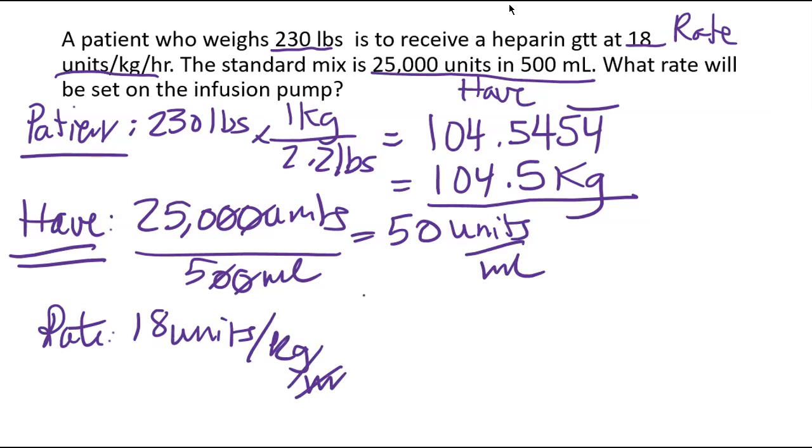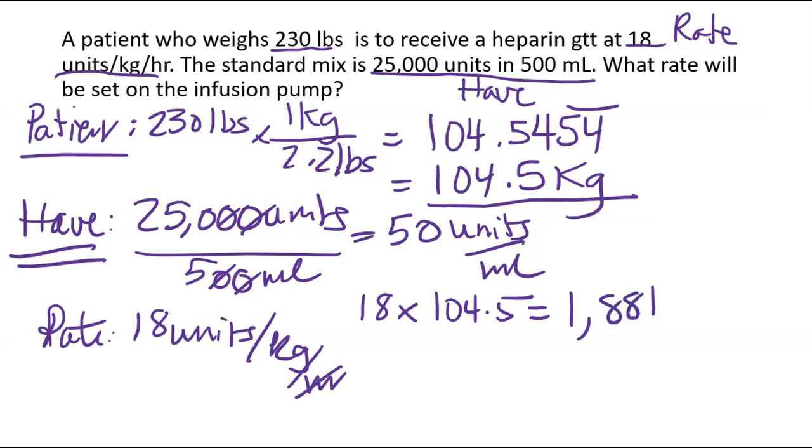So we know we have to do 18 times 104.5 to get how many units we're giving them, because it's 18 units for each kilogram in that person's body weight. So we have to multiply them. So 18 times 104.5 is going to be 1,881.